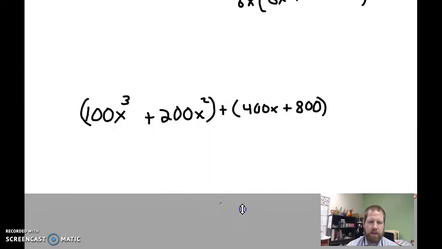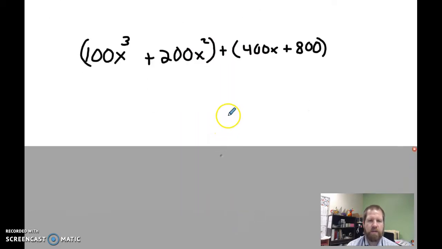Alright. This is a problem that we did in one of our earlier lessons. There are a couple different ways to do this, and we're going to look at them in a little bit. But for right now, this is a situation where we're factoring by grouping.